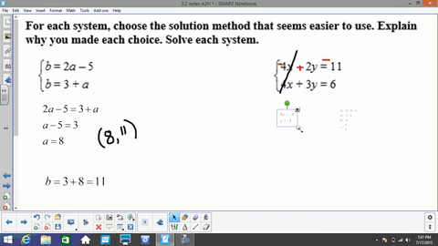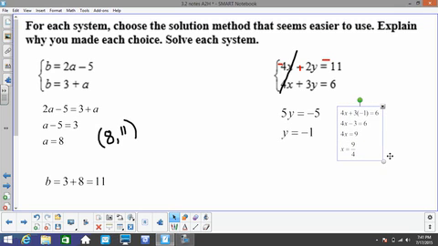I add those together, they're going to cancel out. And then 2y plus 3y is going to give me 5y. Negative 11 plus 6 is going to give me -5. Divide by 5, y equals -1. Choose one of the equations to plug it into. I chose the bottom one, and I got 4x minus 3 equals 6.